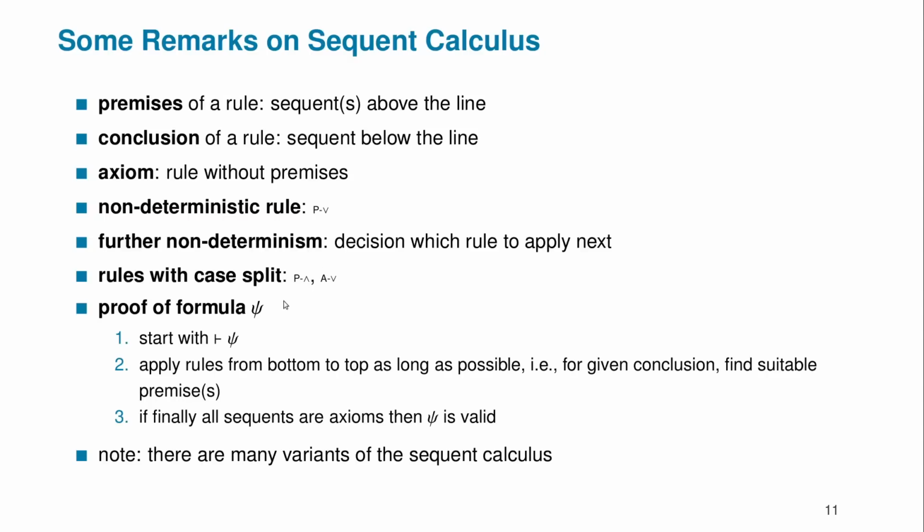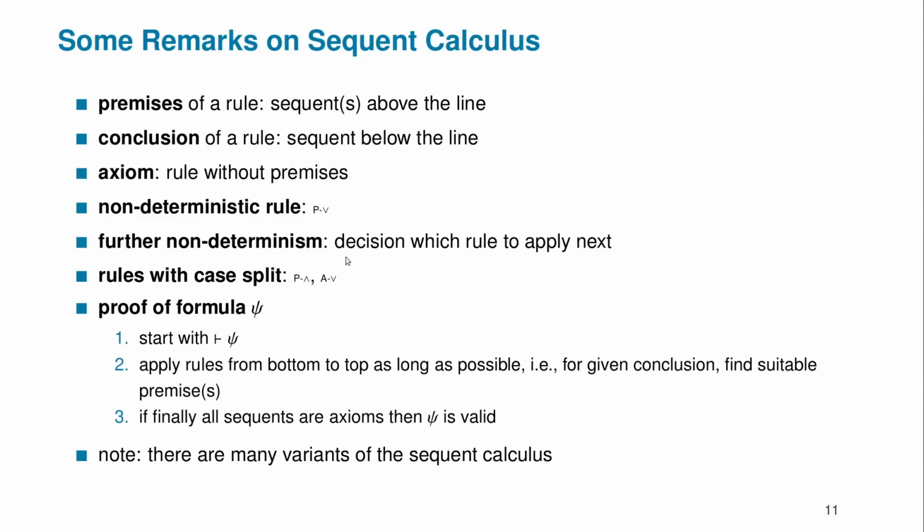And if we want to show that the formula psi is valid, we start with a sequent where the left hand side is empty and psi is the goal on the right hand side, and we apply rules from bottom to top as long as possible. So for a given conclusion we find a suitable premise or multiple premises, and if we are able to show that all branches can be closed by axioms, we know that the formula is valid.